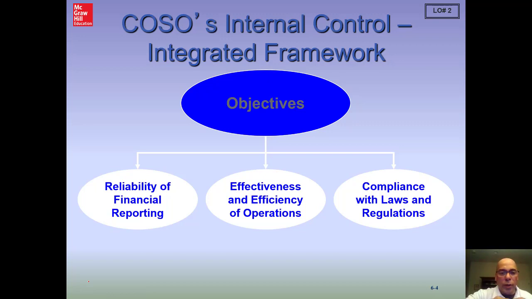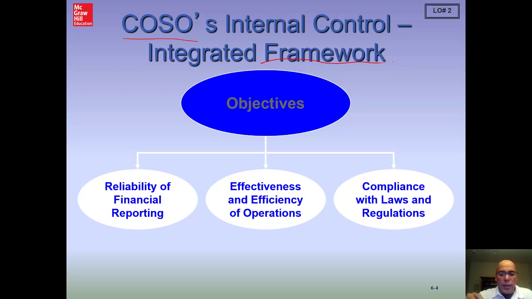Now, when we look at the internal control, we know that management has different objectives that they design their controls around. This is a framework that was come up with by the Committee of Sponsoring Organizations of the Treadway Commission some years ago, and they have recently updated this. It is just a way of structuring or looking at internal controls, establishing a framework that will help the auditor to assess that the controls are meeting these objectives.